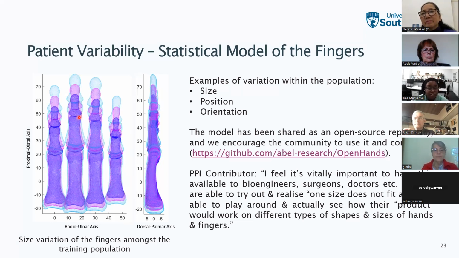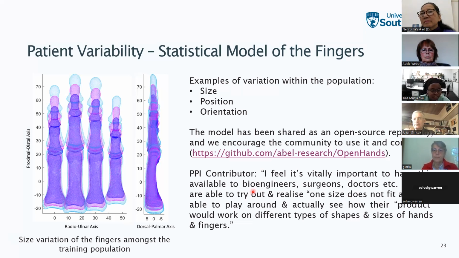This model has currently been shared on an open source repository, so you can actually access it online. So here's the website. And we encourage the community to use it, download it, contribute to it if they have more data sets, and share with us how you've used it.